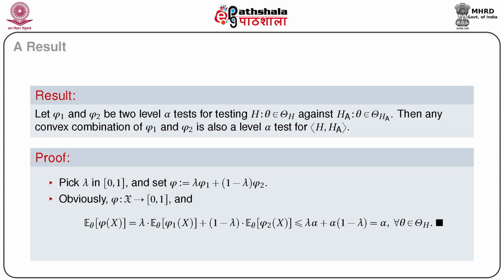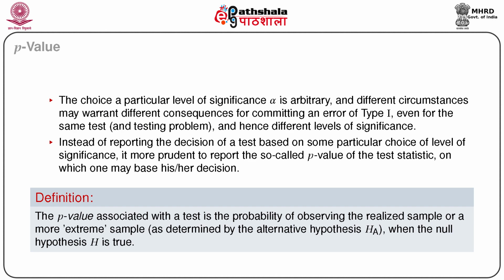This is so because both phi 1 and phi 2 are level alpha tests, and therefore we get the expectation of phi(X) under theta less than or equal to alpha for all theta belongs to script Theta_H, and hence phi(x) is also a level alpha test for testing H against HA.